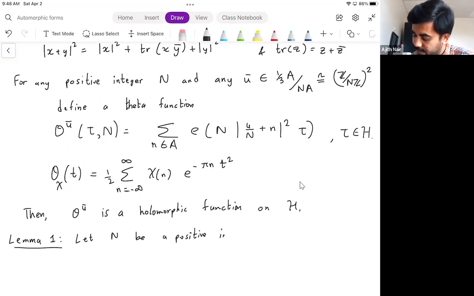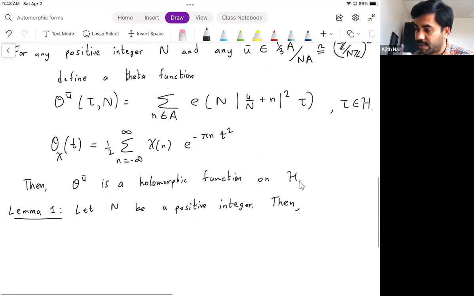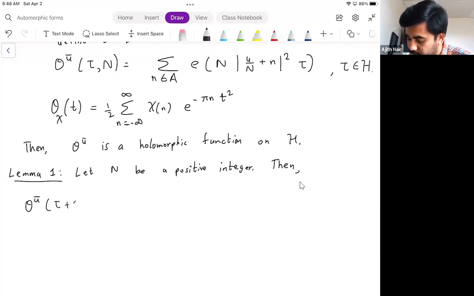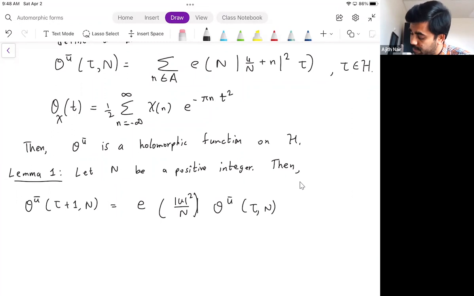the theta function that we have defined satisfies some modularity properties. So I'm just going to write these down. Theta u bar of tau plus 1, n is e to the power absolute value u squared over n times theta u bar of tau comma n, for u bar in B over NA.